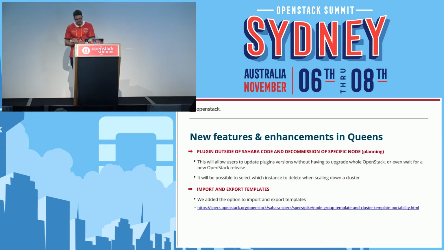This is necessary because sometimes issues happen with a specific machine, and you want to remove it to improve your cluster health. It's been a request from a user, and it's something that makes sense for us, and we're trying to implement it for Queens. I believe this is going to be done in Queens because it's not too much work, and we have pretty strong confidence that we're going to deliver in Queens.